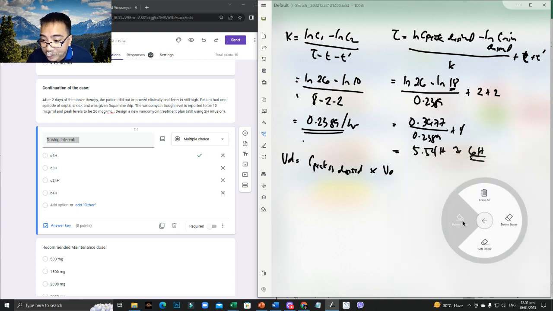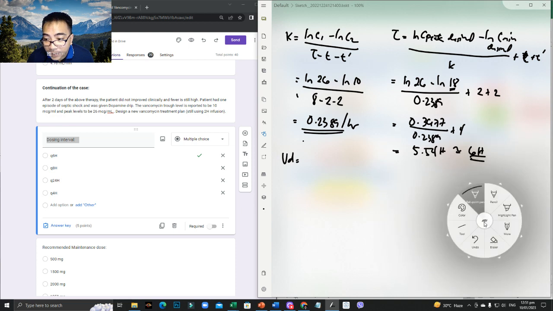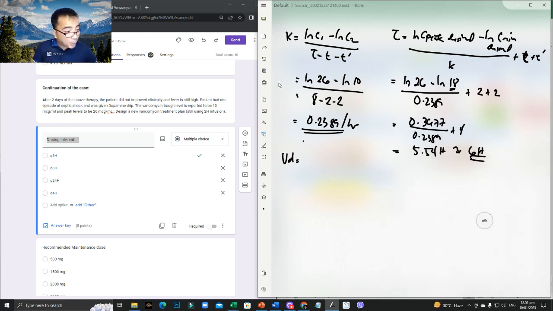I'm sorry about that. Okay. So, for the actual VD, ang kailangan pala natin ay ang inyong ginamit na rate of dose times 1 minus e negative KT, infusion time, over CPSS, right?